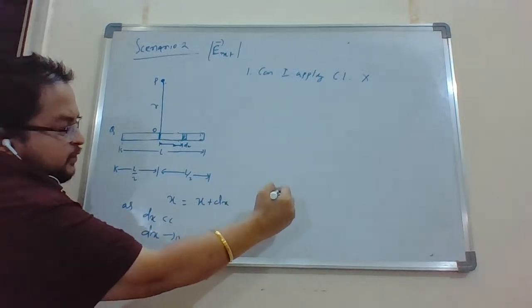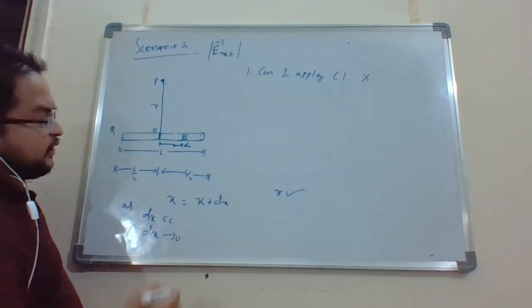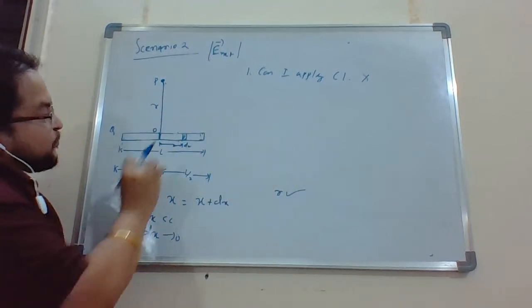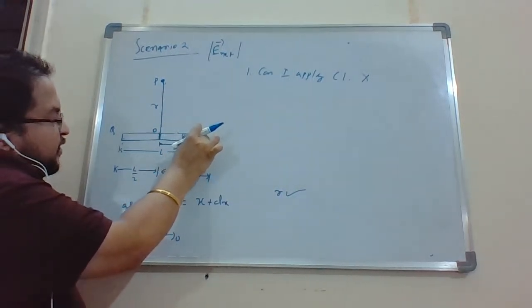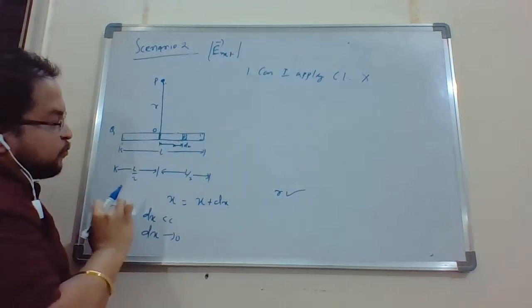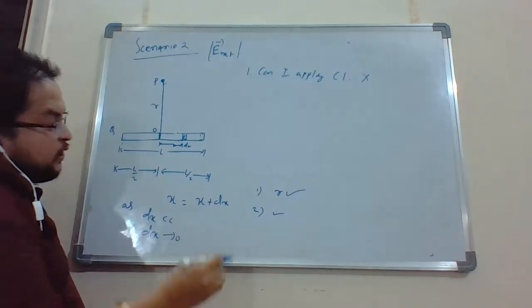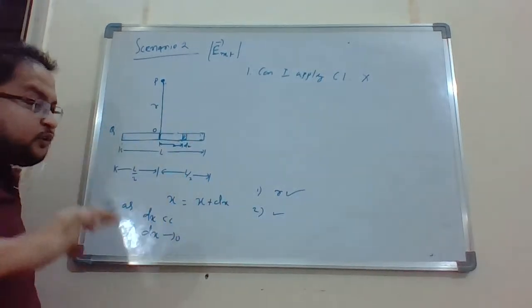So first problem, distance, that is resolved, or variance of distance is handled. Second thing, if I integrate it from here to here, it covers the entire body. So scenario 1 done, scenario 2 done. That means it's the right interval which I can use.